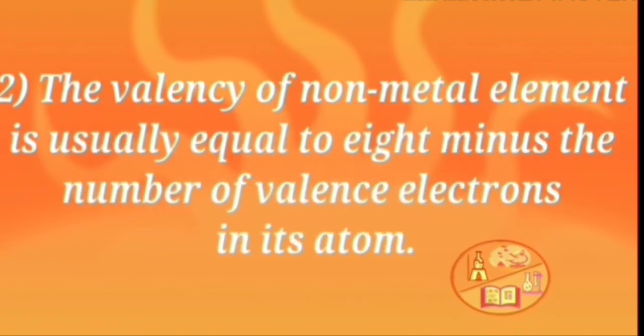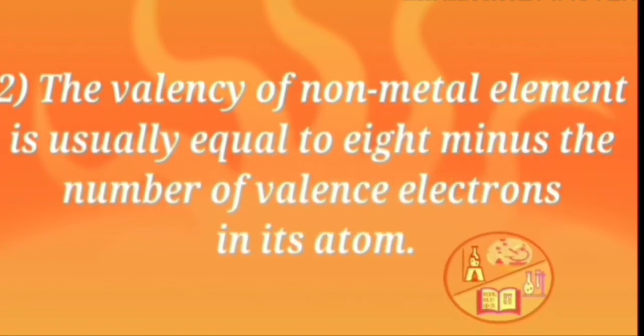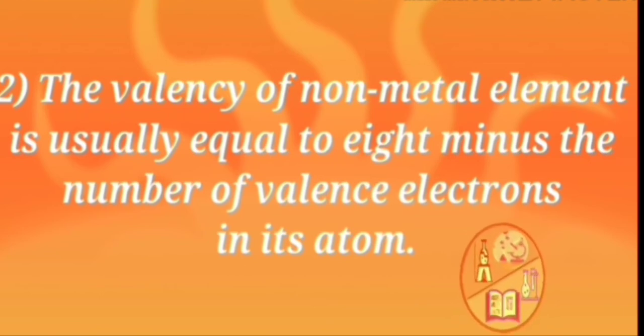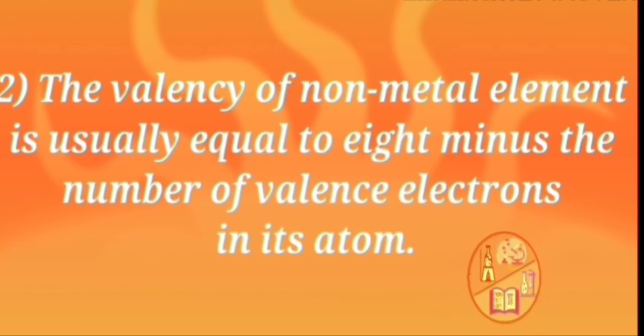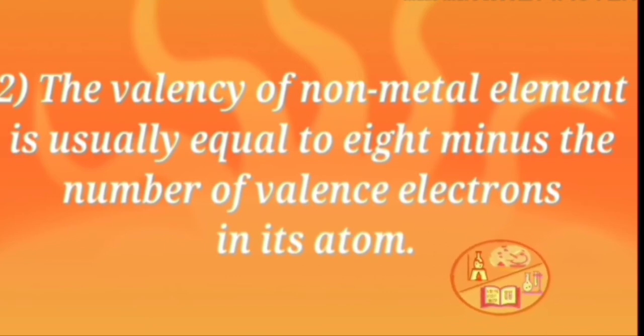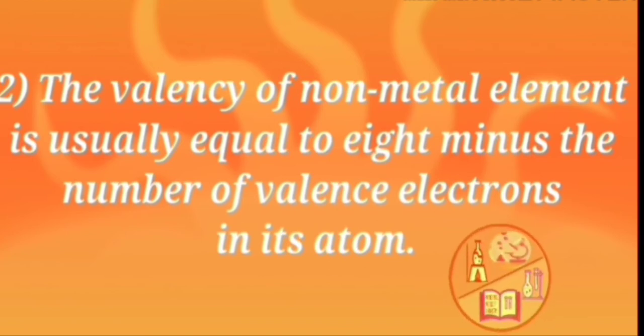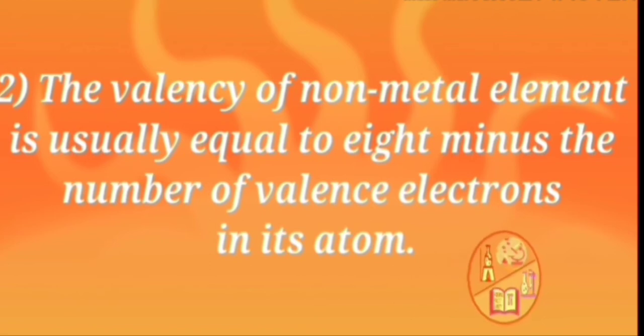But in the case of nonmetals, the valence shell contains 5, 6 or 7 electrons. Hence, they accept 3, 2 or 1 electron to complete the octet. So, the valency of a nonmetal element is usually equal to 8 minus the number of valence electrons in its atom.